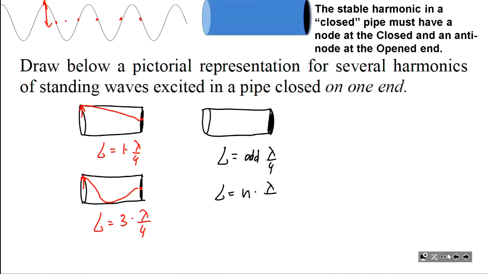N times, well, this is the wavelength number n, but this is a quarter. But n is equal to 1 or 3 or 5 or 7. In mathematics, people also write it differently, so you may see something like this, 2m minus or plus 1.